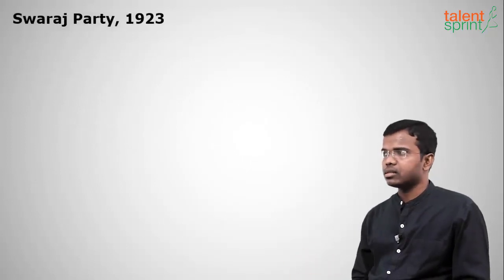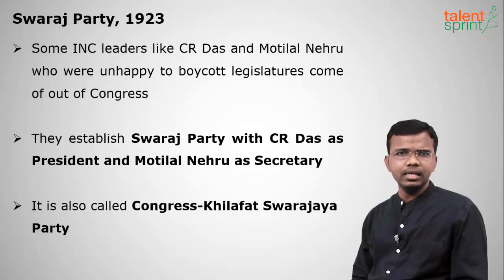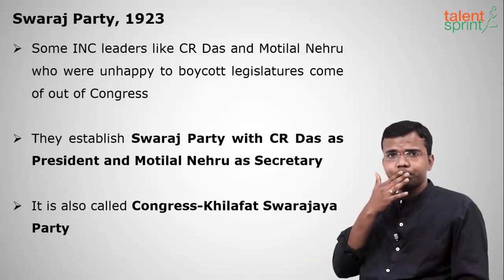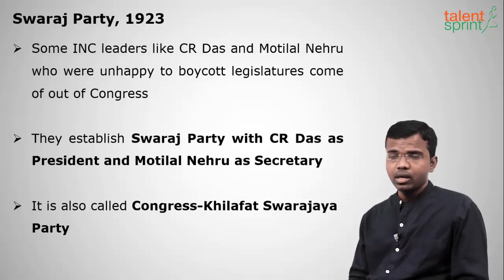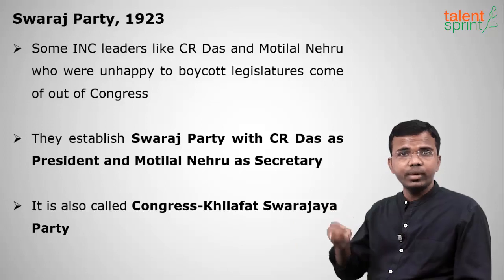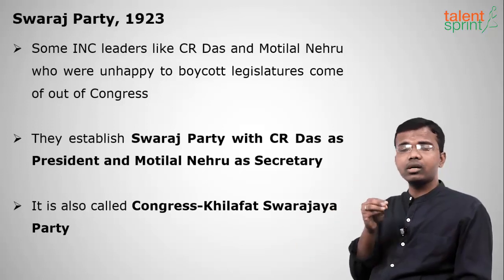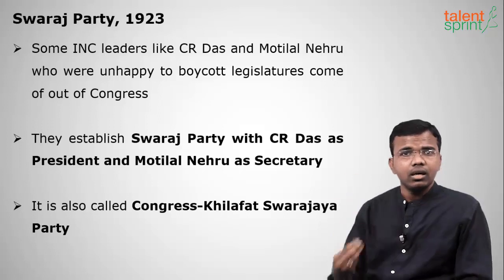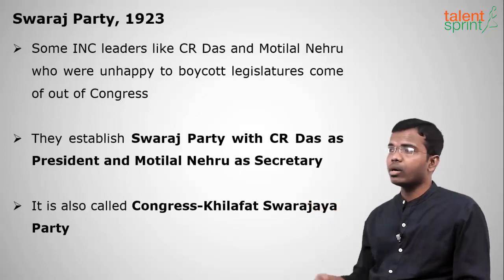So moving on to the next event, that is Swaraj Party establishment in 1923. Some Indian National Congress leaders were unhappy with the non-cooperation movement ideology. One ideology was to boycott legislatures. But Swaraj Party people wanted to be in the legislature and give their voice against the British. So they will come out of INC and form a Swaraj Party.